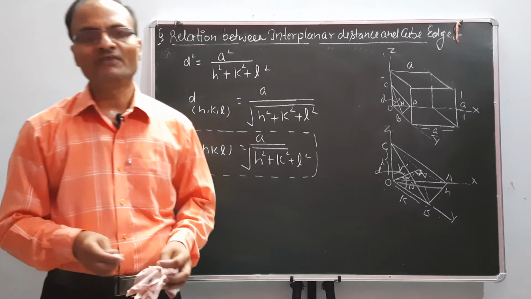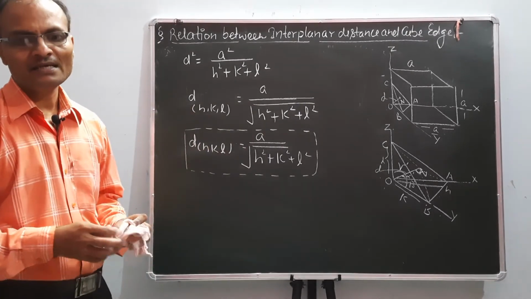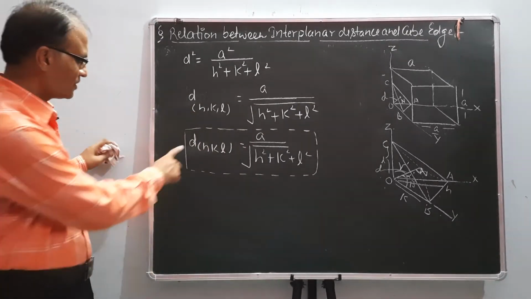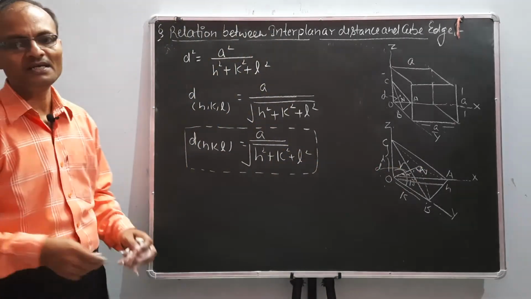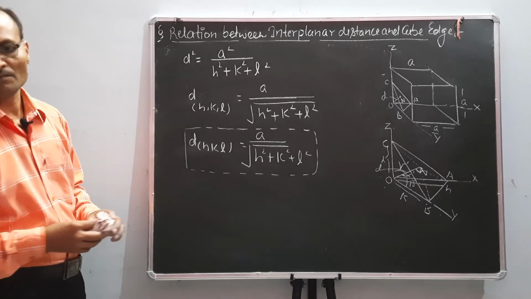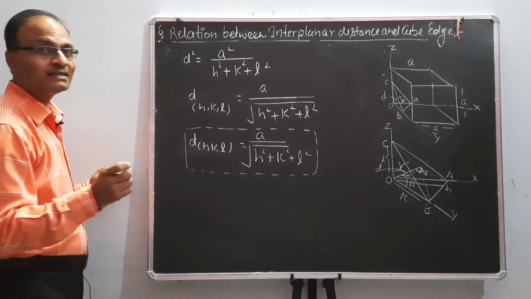This is the relation between interplanar distance spacing d, which is the distance of O to N, spacing d, and cube edge a. So the Miller indices h k l and cube edge a.